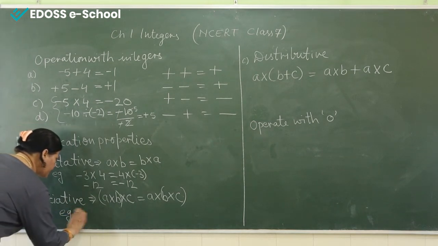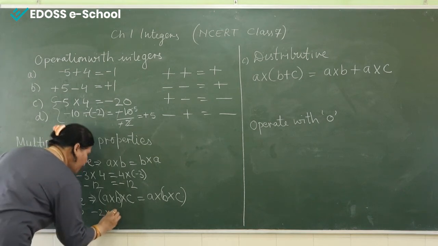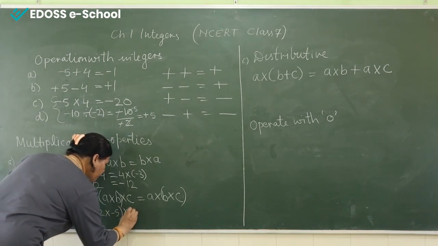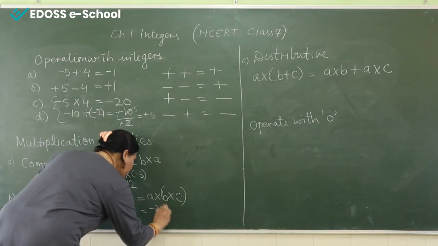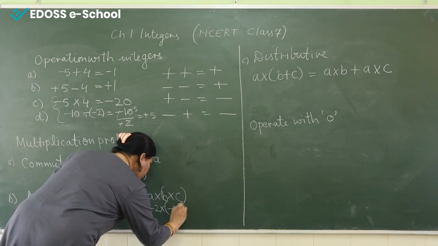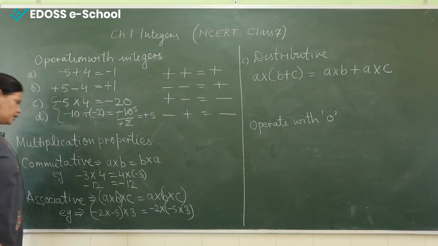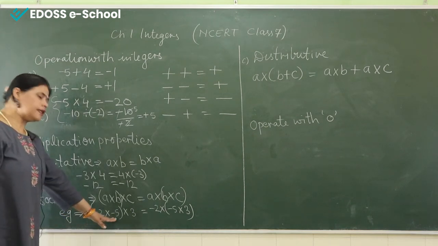Here the example is, for example, if I take minus 2 multiplied by minus 5, multiplied by 3. Again I am writing minus 2 multiplied by minus 5 multiplied by 3. Now solve the question. First we multiply two integers.